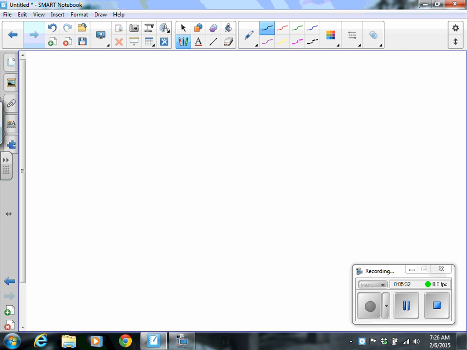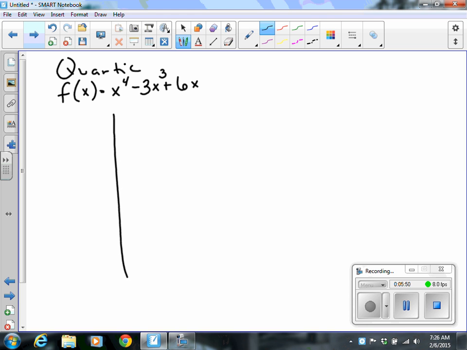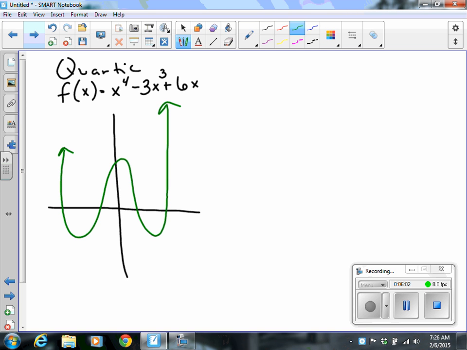I got two more for you. Quartic. This is my degree of 4. Again, I'm going to have 3 curves with this. It kind of looks like a W. By curves, what I'm talking about is I go down and around, which is 1. Then I go back down, which is 2. Then I go back up, which is 3. So 3 different curves.